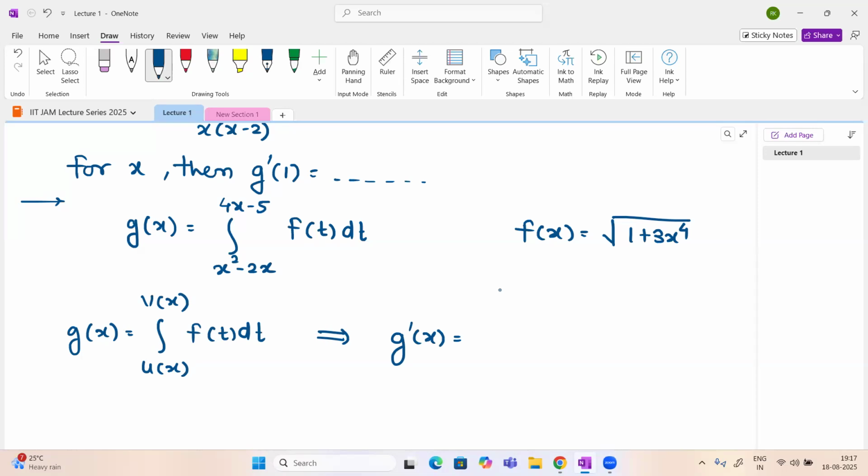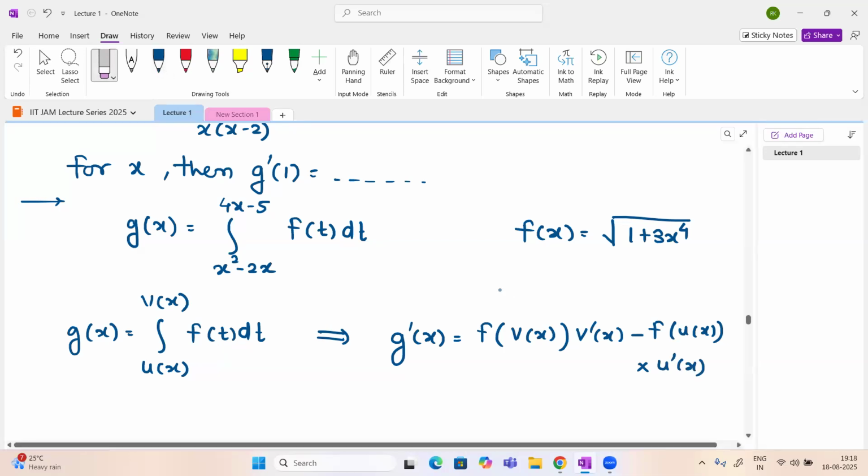When you take the derivative, the derivative and integration will get cancelled, and you can directly write f of v of x, that means I'm putting the upper limit in place of t, and then the derivative of v, minus, I will put the lower limit in place of t. That means you will get f of u of x into the derivative of u, that means u dash of x. Have you understood? Yes, sir.